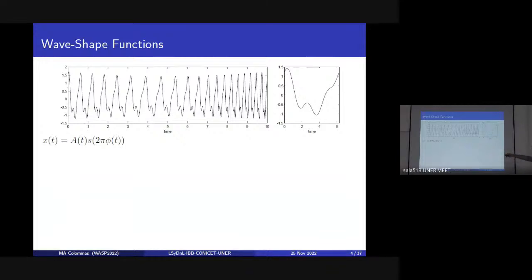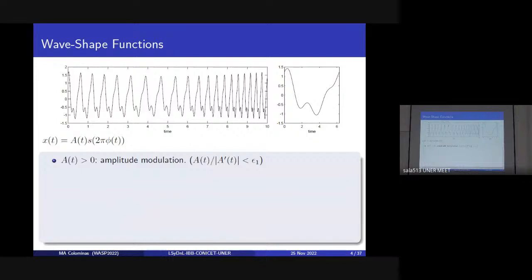So S is this oscillatory pattern that repeats itself, being stretched or compressed by this phi, which is the phase function, phi prime, the derivative, being the instantaneous frequency, and maybe scaled in amplitude by this A of t function. So this is how we model these types of signals.